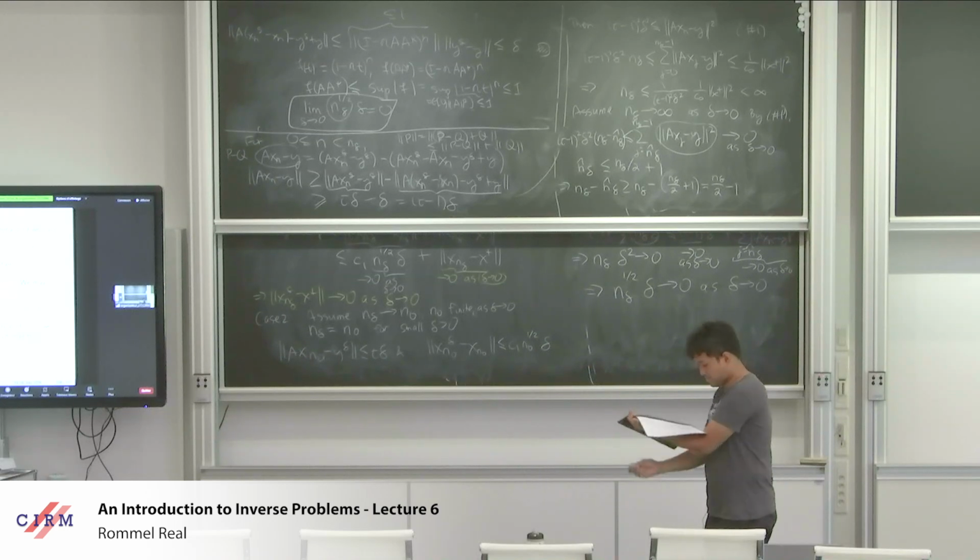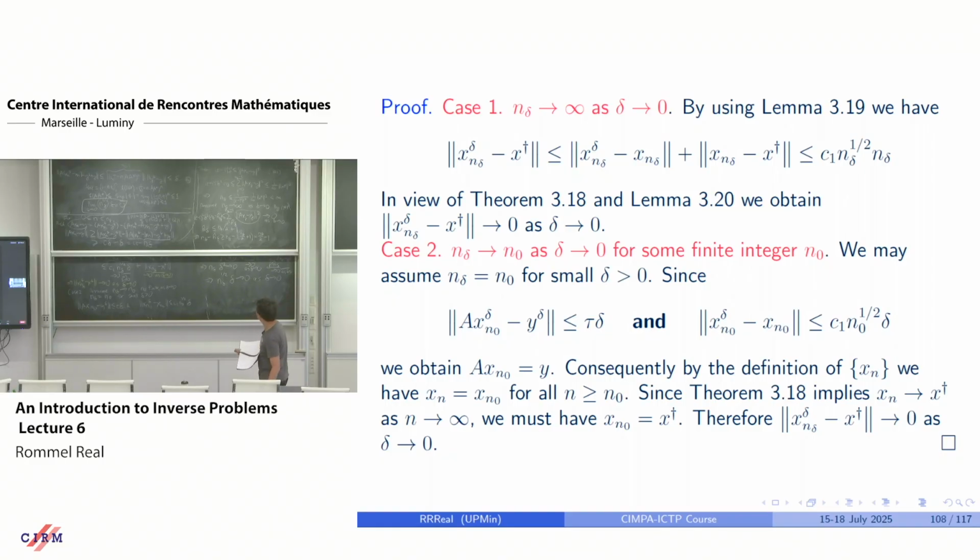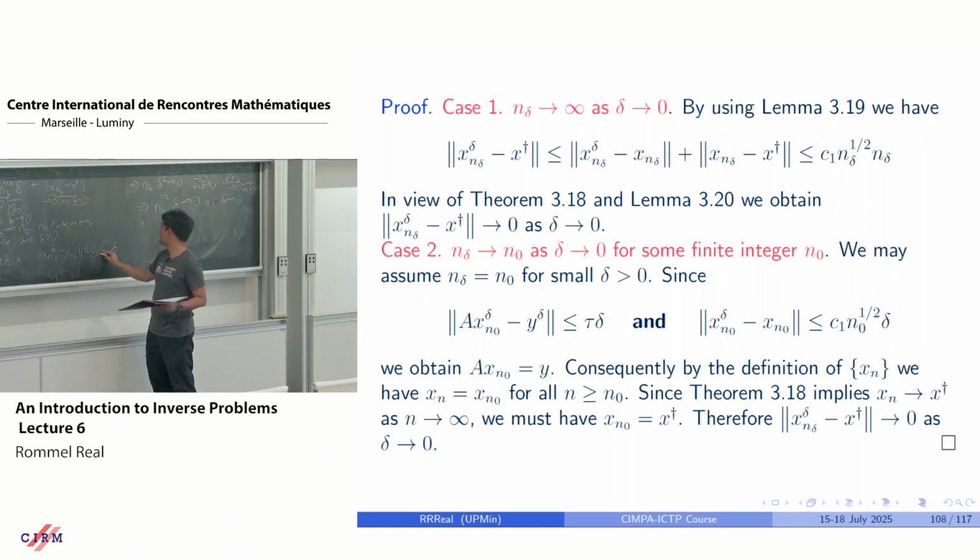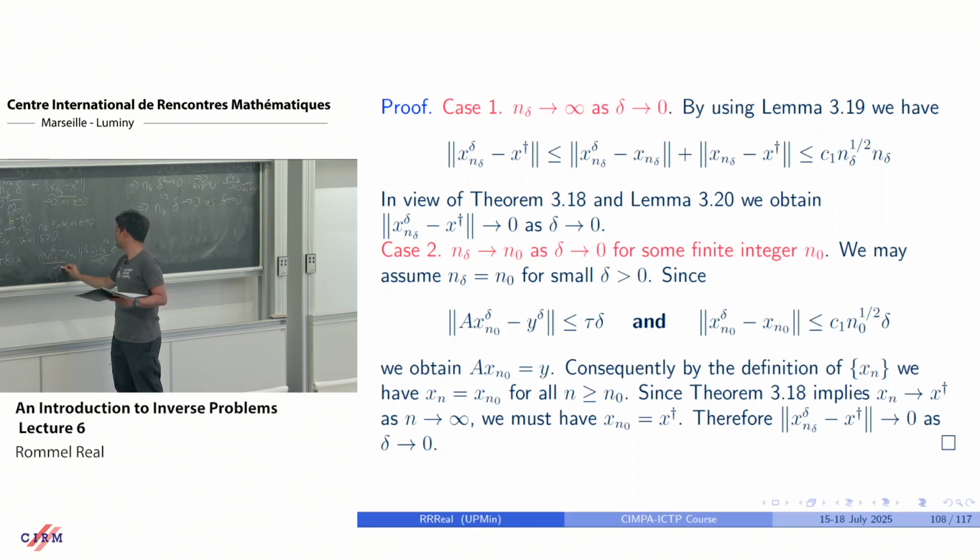Notice that as delta goes to 0, we know that this one here goes to 0. So therefore, this one goes to 0.